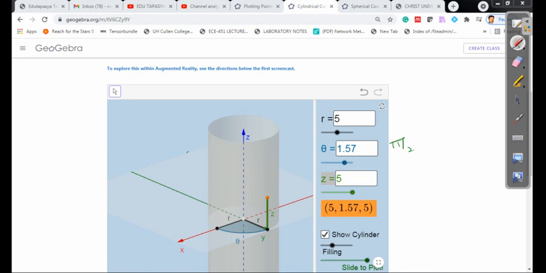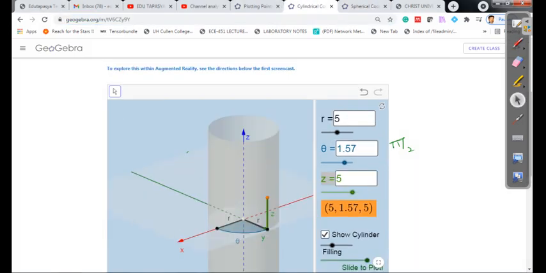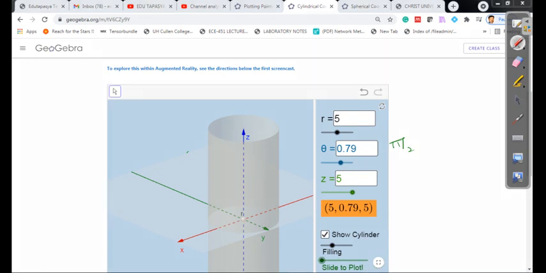If I put 0.79 here instead, observe now, this is going to be like this. Let me just plot it. That is equivalent to pi by 4. 0.79 is pi by 4.